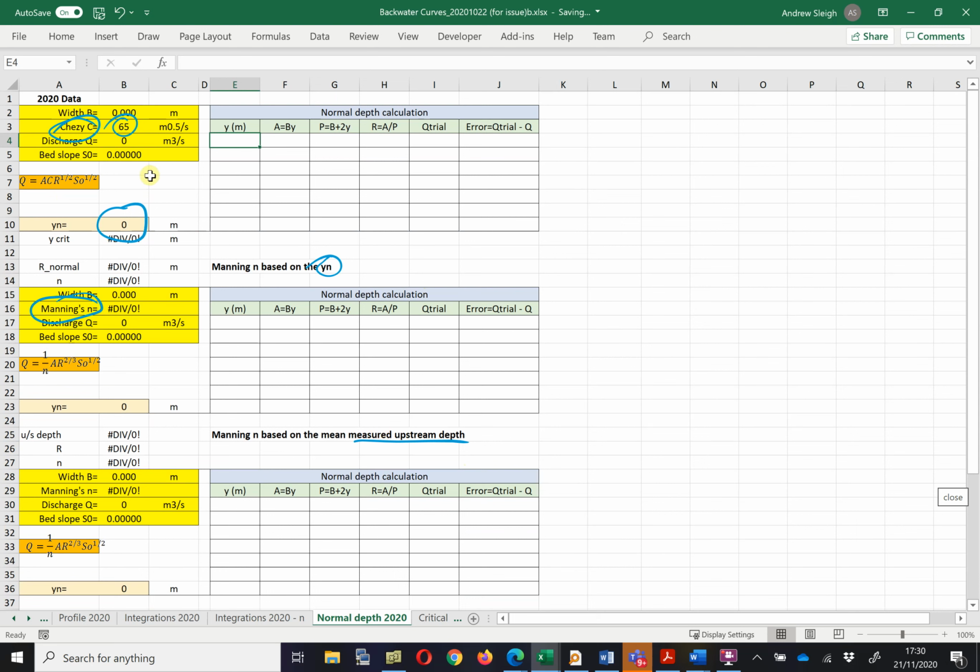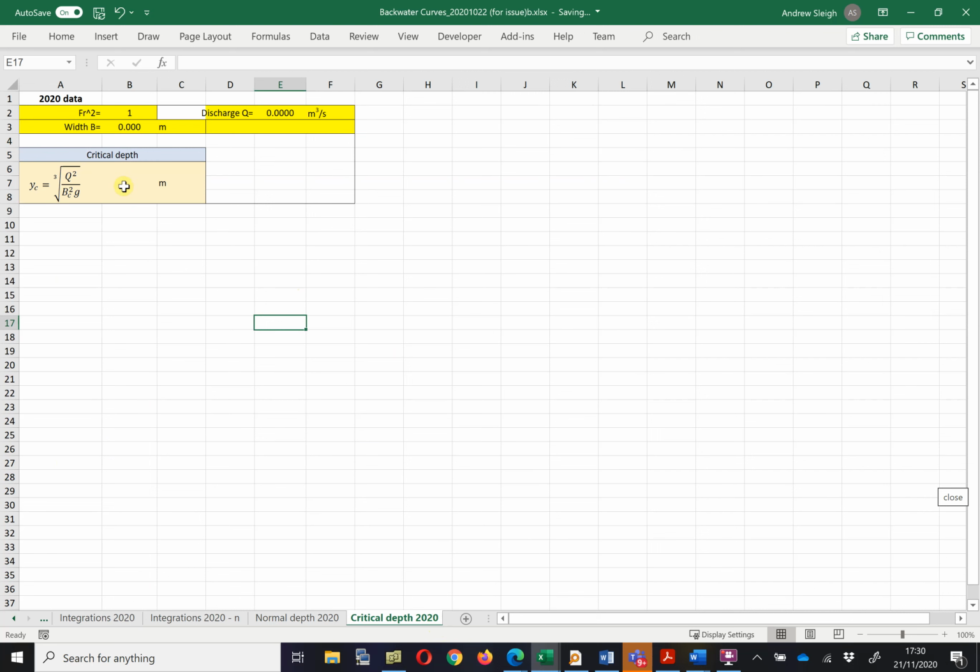For the Chezy calculation, there is only one calculation. If you don't realise that Manning's n is actually a function of depth, you need to choose an appropriate depth. There's also a calculation for the critical depth. You have to put the critical depth calculation in here and base that on the flow rate. Here's the formula.